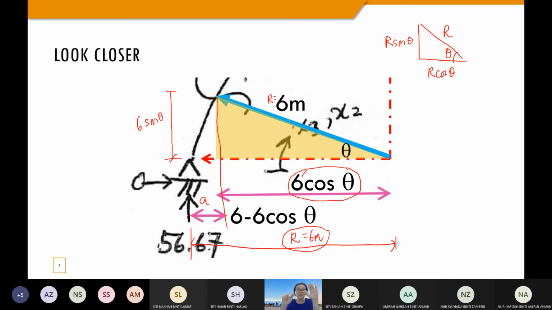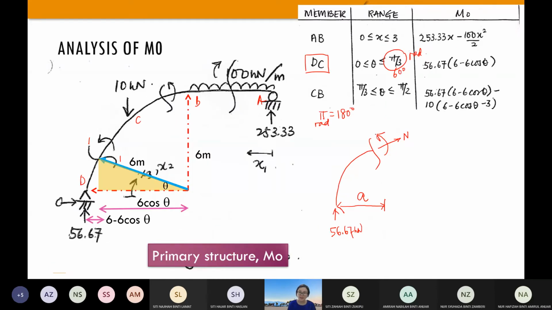You only substitute the different theta into this equation. We will have a look later again on this page. But now we already obtained the A. A is equal to 6 minus 6 cos theta.